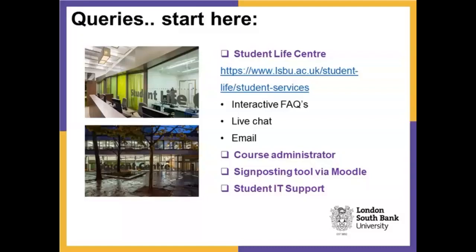So in order to access anything at the LSBU, your email, your Moodle, Teams, you need an LSBU username and a password. The password is what you create, and the email address is generated based on your surname, your initial, and possibly a number, and you have to be fully enrolled before you can activate any of your LSBU accounts.